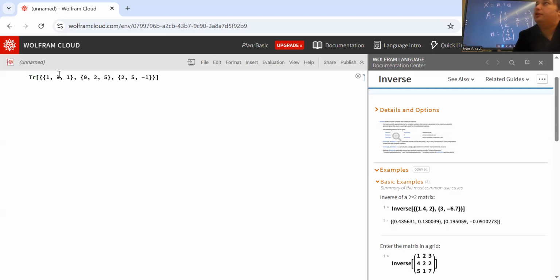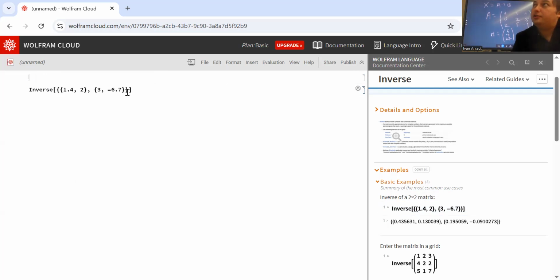Well, actually, why is it calculating the trace? I didn't say trace, I said inverse. Yes, it's inverse, not trace. I don't know why the system copied trace. Probably it was copying the previous command. Let me delete this. TR is trace. Done.